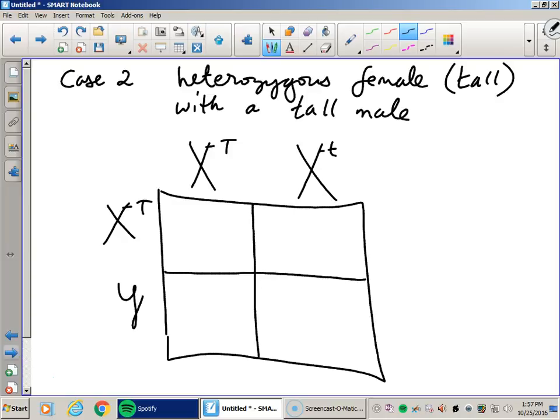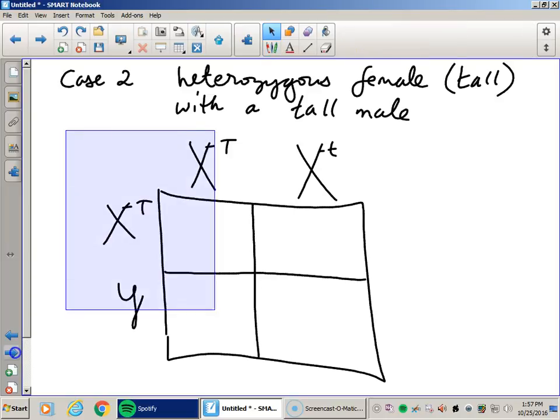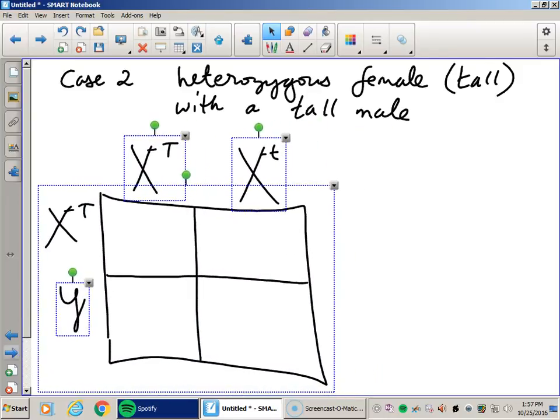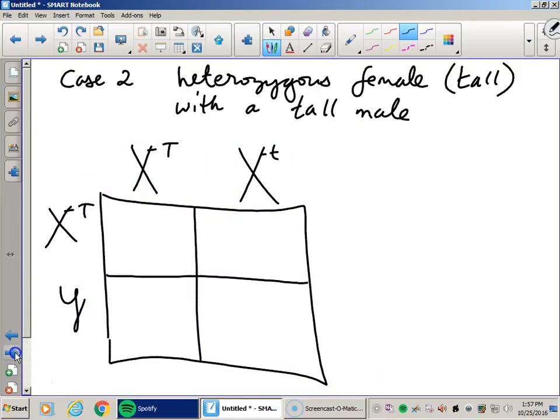Okay, so let's roll this out. Actually, I'm going to move this over a bit because this is going to be a big string. All right, so this first case, we're going to get a homozygous combination here. So what is she? Tall female, right?